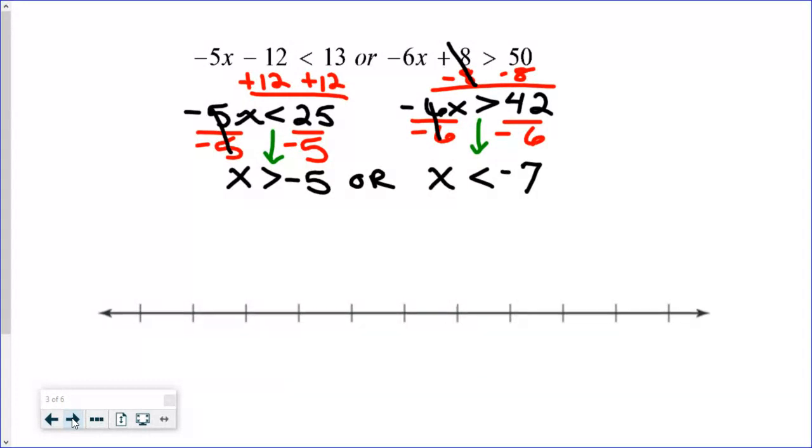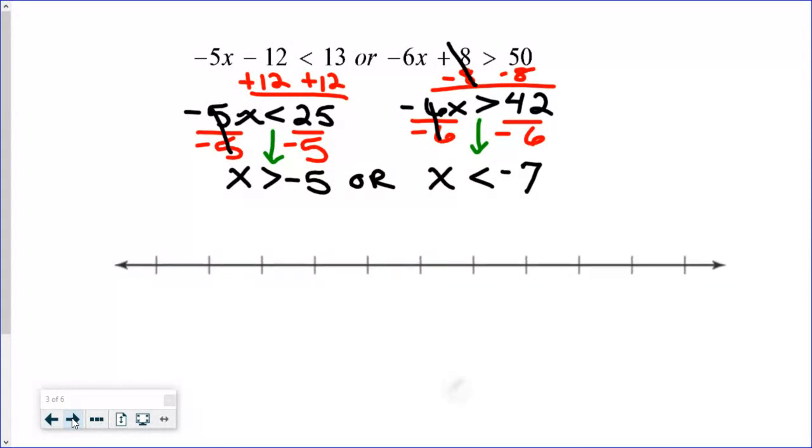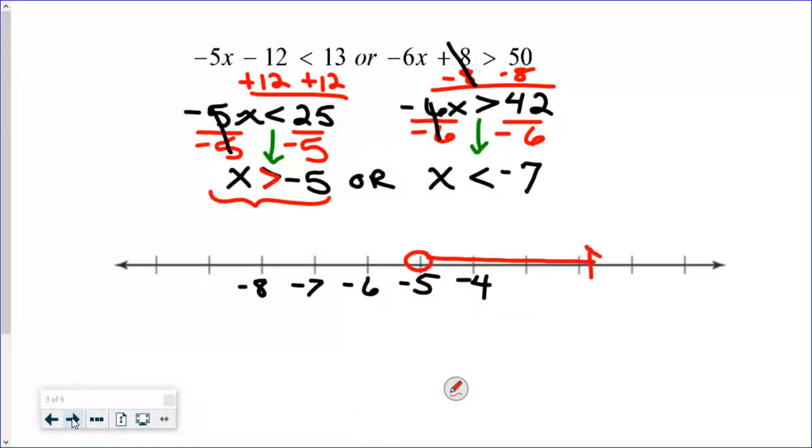Okay, so on the number line, I have a negative 5 and a negative 7. So negative 8, negative 7, negative 6, negative 5, negative 4. Again, this works. It won't always. So then let's look at this part. Well, this is at negative 5, hollow circle going this way.